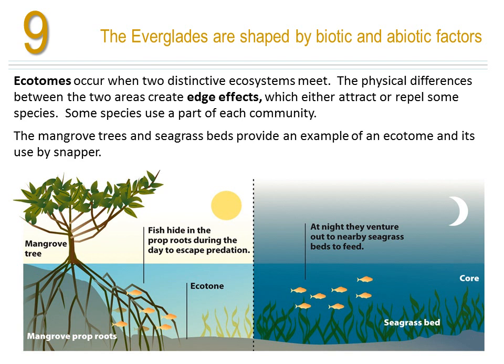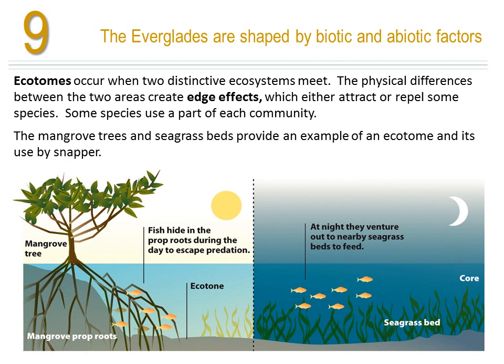Well, when the mangroves and the flooded pools flood, there's mangroves that are intersecting with this particular sawgrass. When you have this occurring, we call that an ecotone. Ecotones occur when two distinct ecosystems meet. And the physical differences between the two areas create edge effects, which either attract or repel some species.